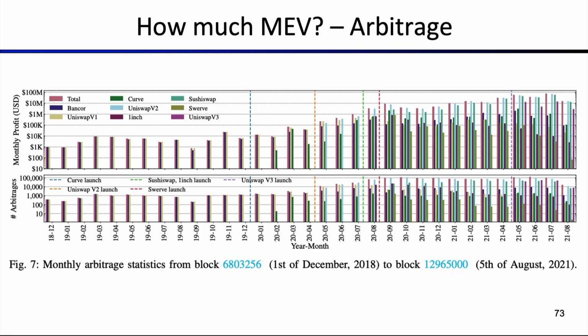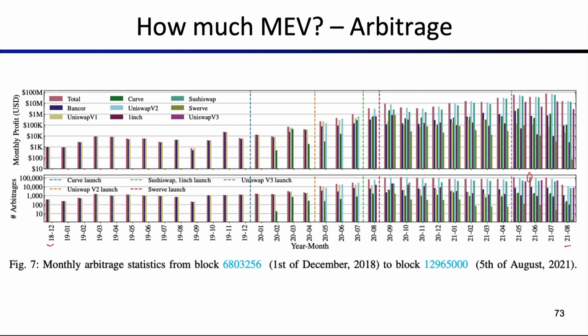And finally, the third category of miner extractable value that we try to quantify is just plain old arbitrage. Again, this is from 2018 until August 2021. The number of arbitrage attempts is slightly higher than sandwich attacks, and the revenue has also been growing quite significantly.